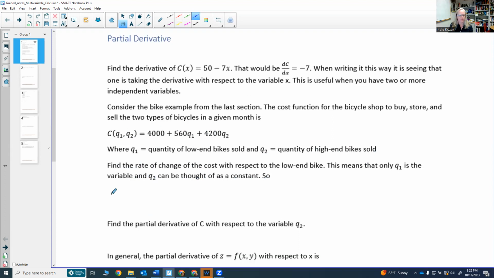So the derivative with respect to Q1, sorry about that. The derivative of C with respect to Q1 is going to equal 560. And this is dollars per low-end bike.